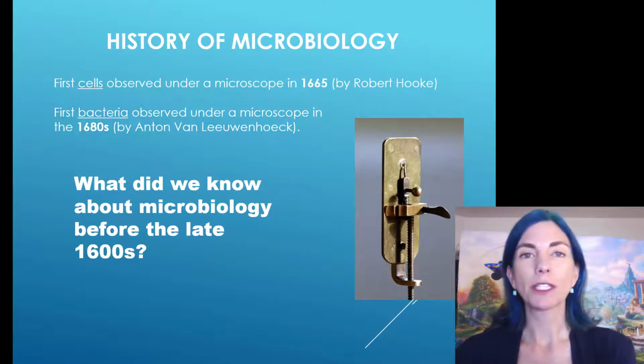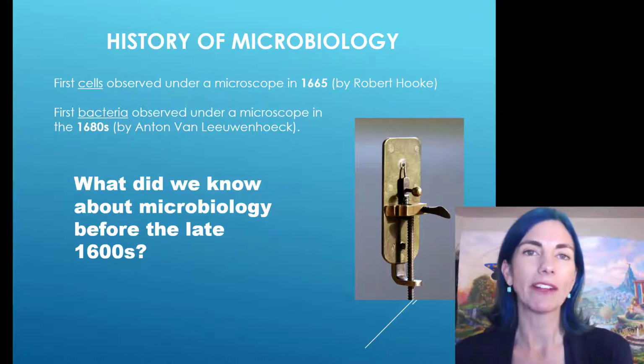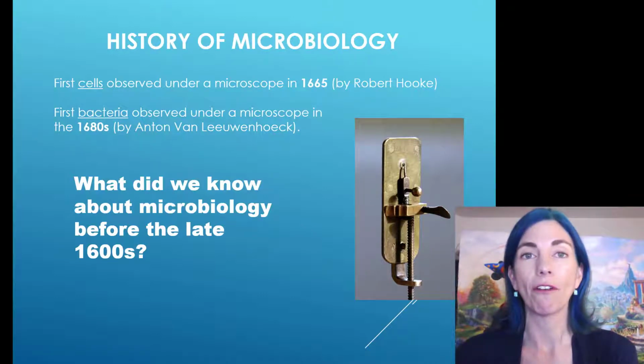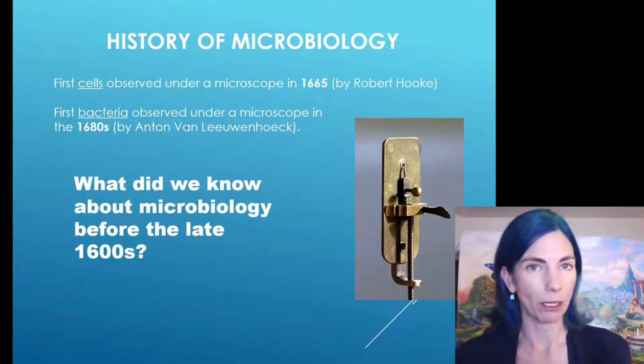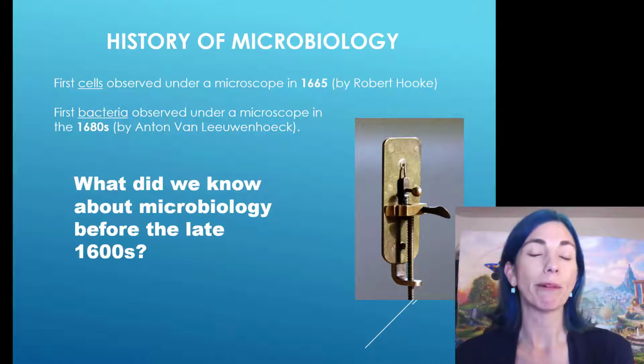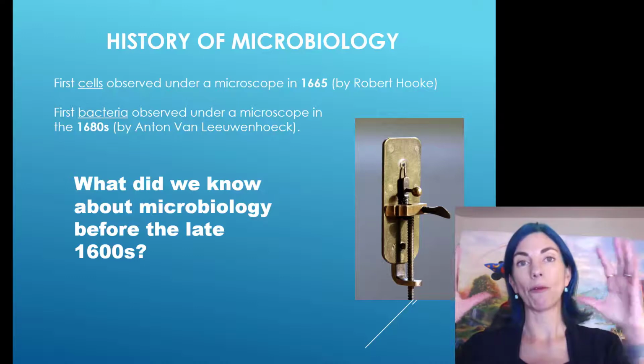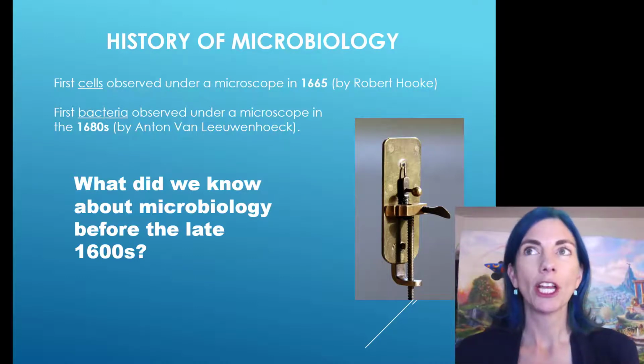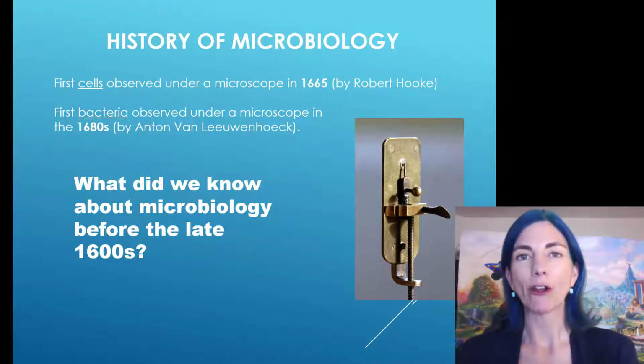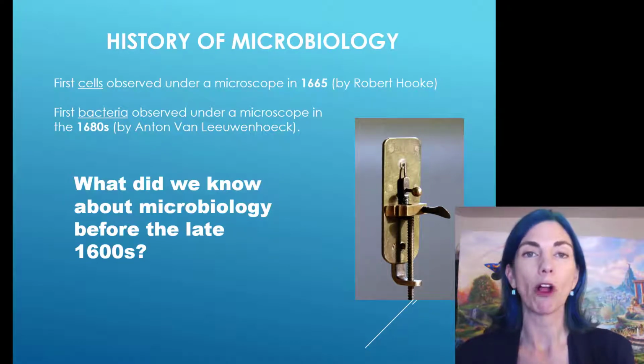The first person to view a living cell with a microscope was Robert Hooke, and in 1665 he made his discovery of the idea that cork, which is a plant material, was made up of plant cells. But remember, eukaryotic cells are big relative to little bacteria, so it required a better microscope to view things like bacteria, which are much smaller.